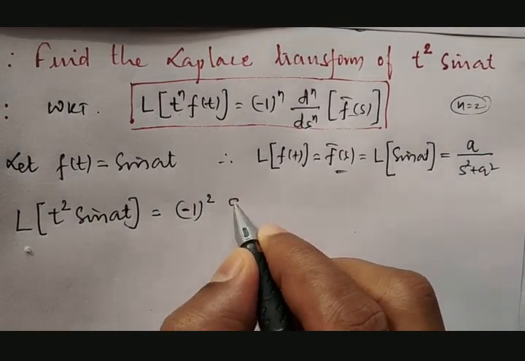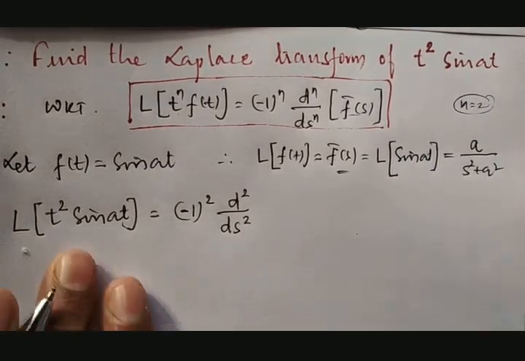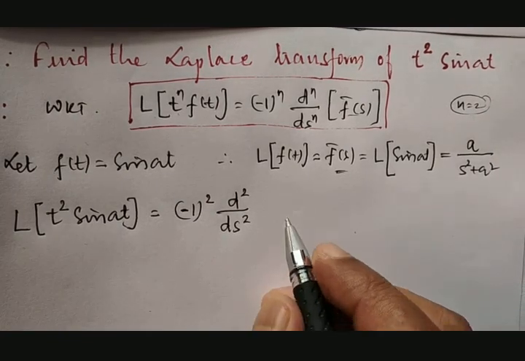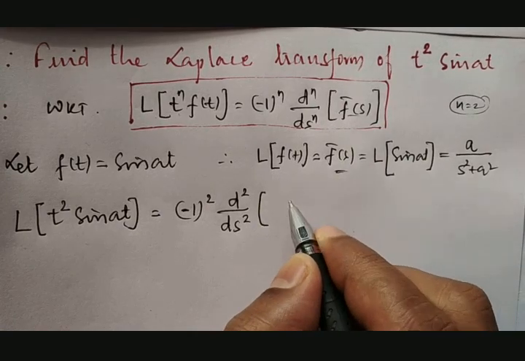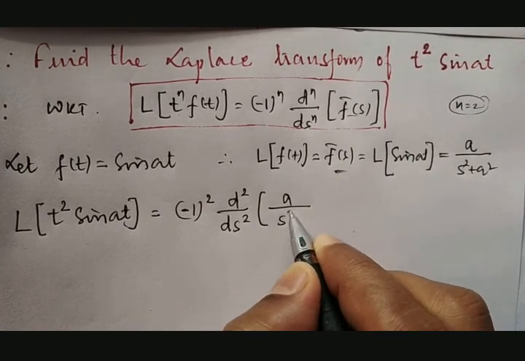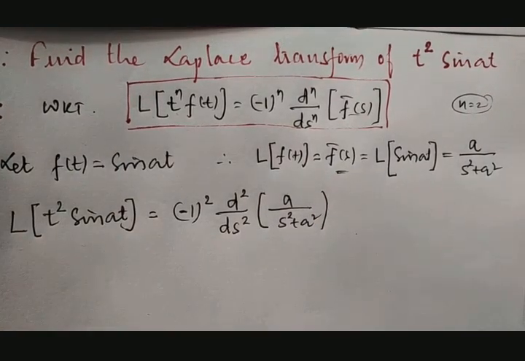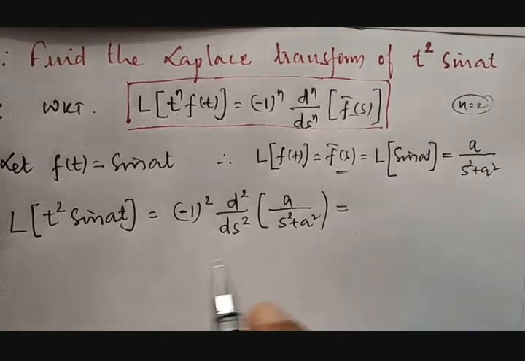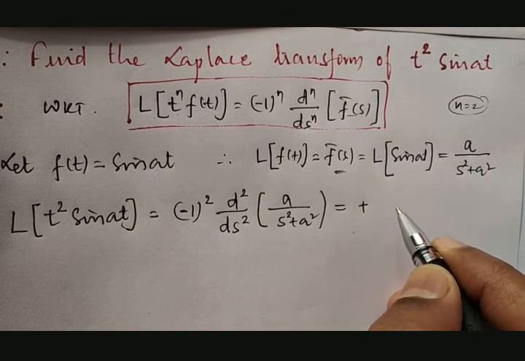This is into d square by ds square of f bar of s, that is a divided by s square plus a square. Minus 1 square means plus 1, so that is gone.